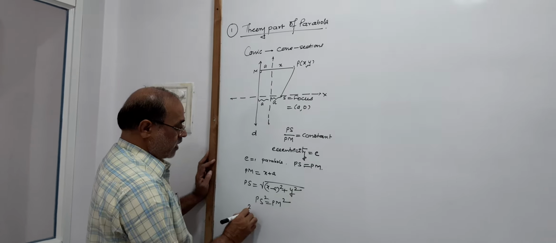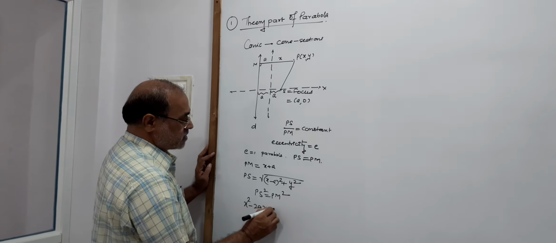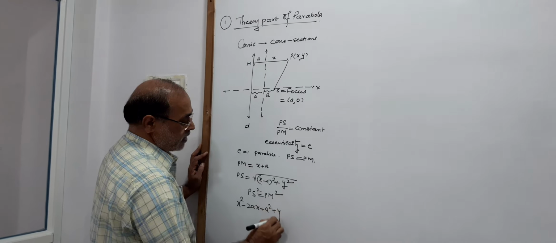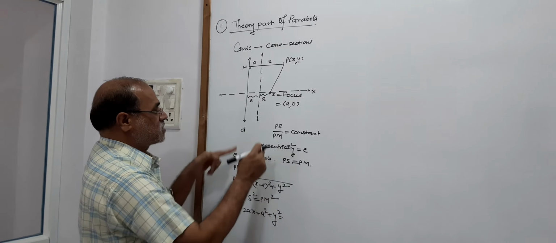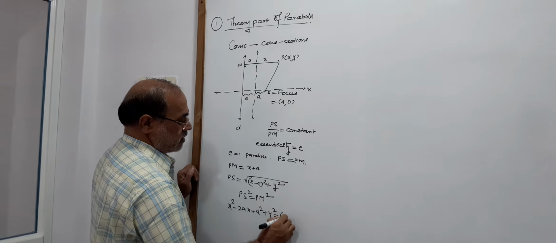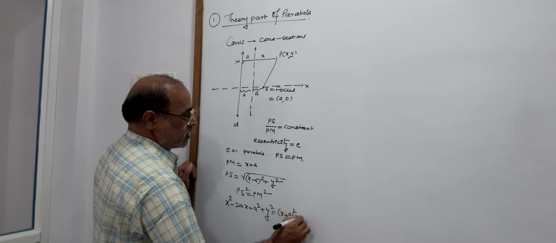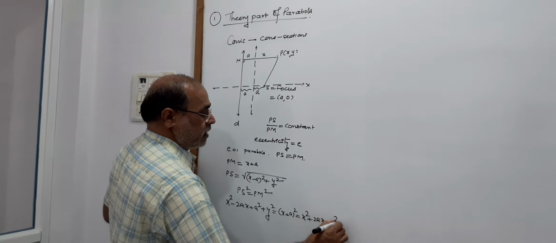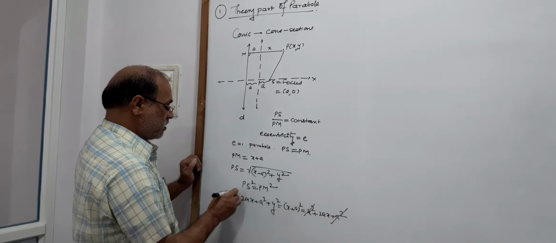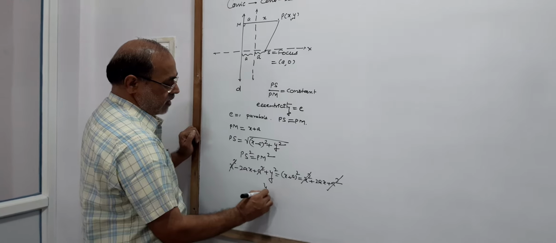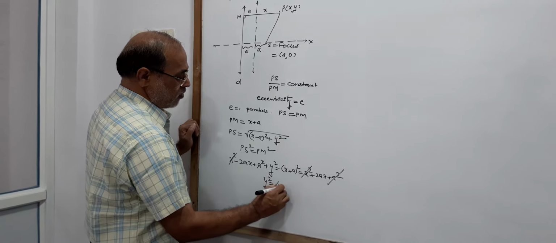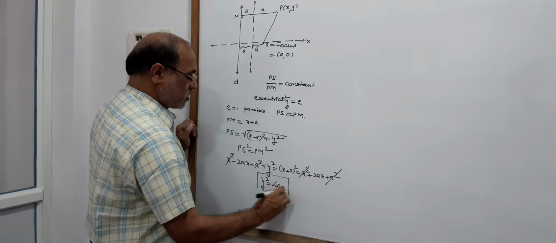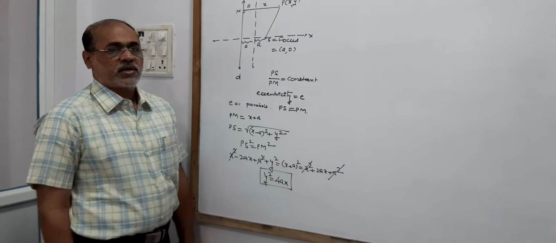Means (x minus a) square plus y square equals (x plus a) whole square. Cancelling these terms, you will find that y square equals 4ax is the equation of the parabola in standard form.